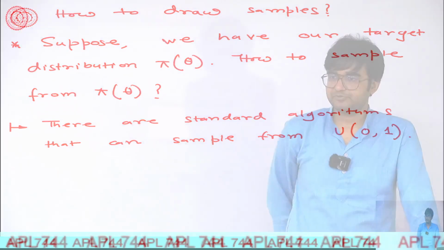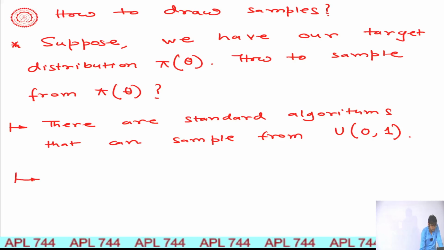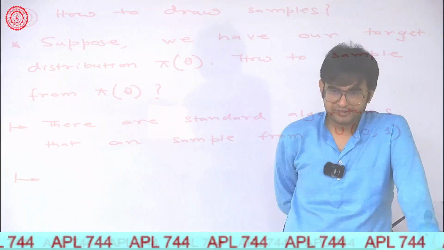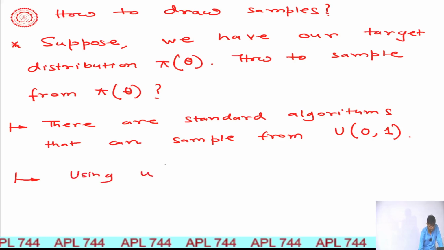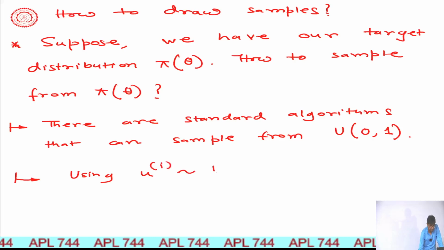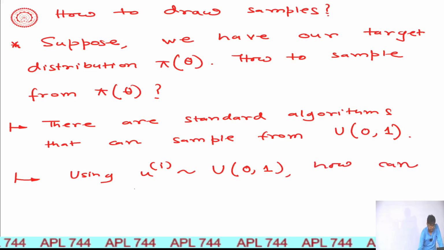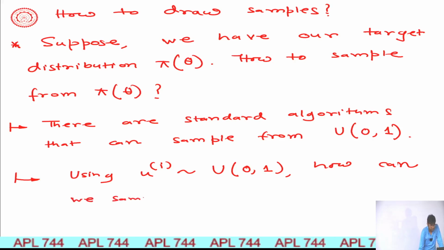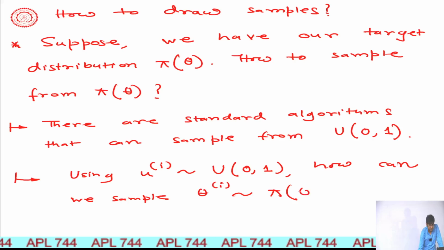So our problem then boils down to: using u_i, which is coming from the uniform, how can we sample theta_i coming from pi of theta?